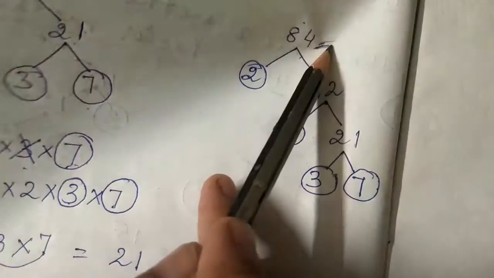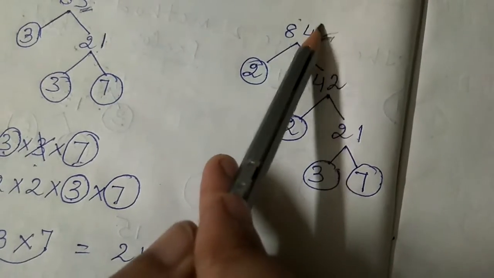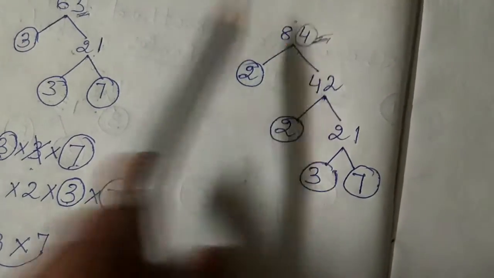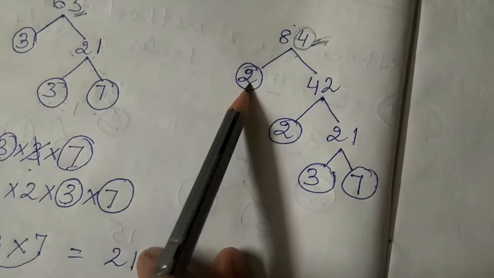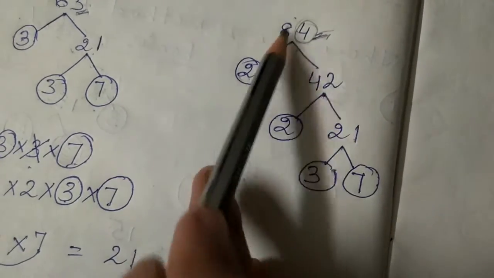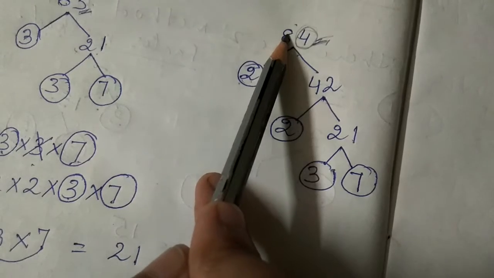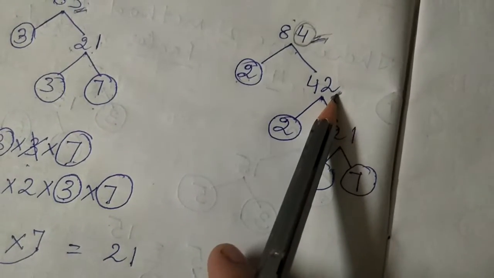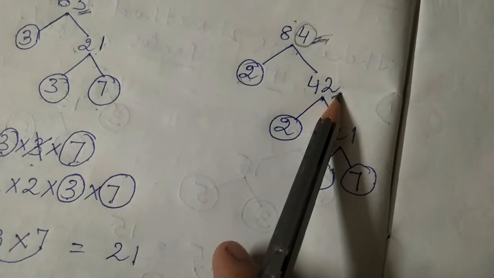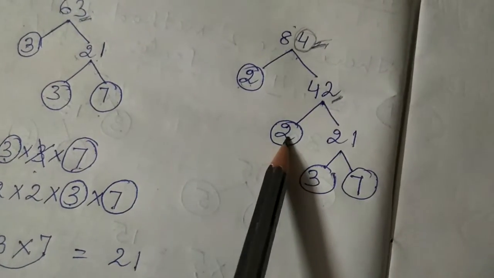In 84 you can see that the last digit is 4, it means it is an even number. Even number means it will be divisible by 2. So 2 times 42 gives us 84. In the same manner, here also you can see 2 is the last digit and it is also an even number, so it will be divisible by 2 once again.